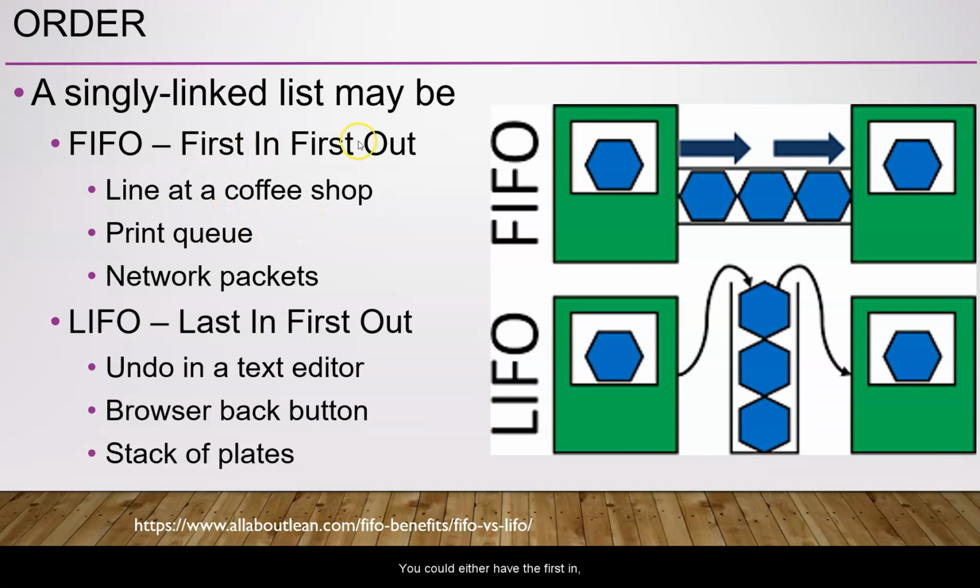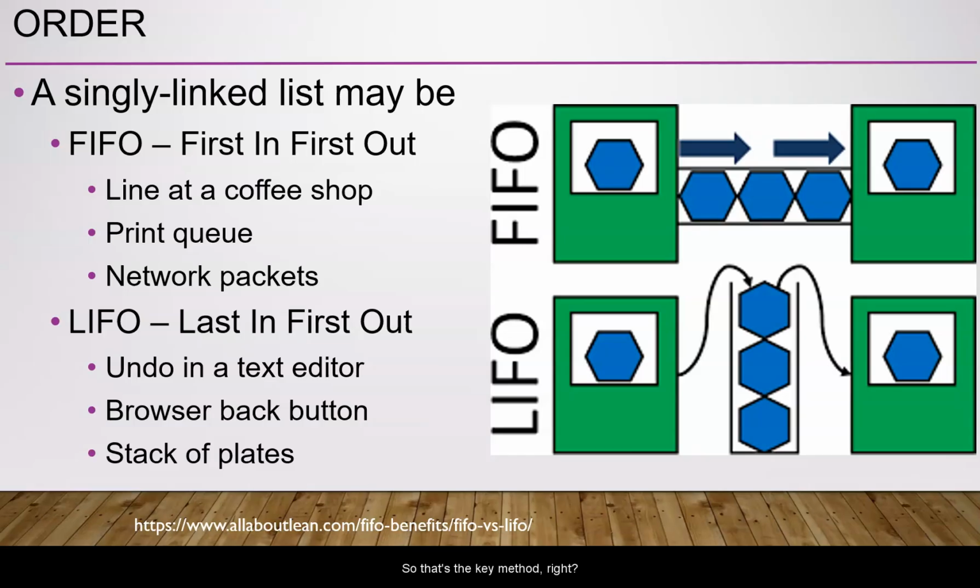You could either have the first in, first out method, and this is like, you go to a queue at a coffee shop, you're in a line, or anything where you get in a line and you're gonna buy stuff, any kind of queue, right? So like a print queue or even network packets, all of our data gets sent across the traffic of the network, and it processes the data the second it comes in, right?